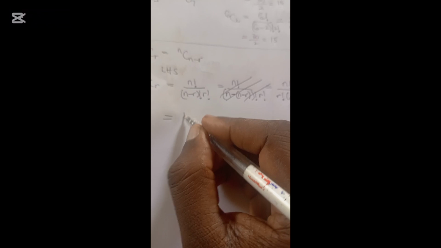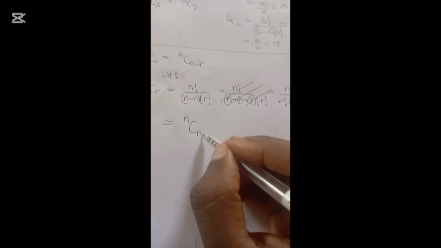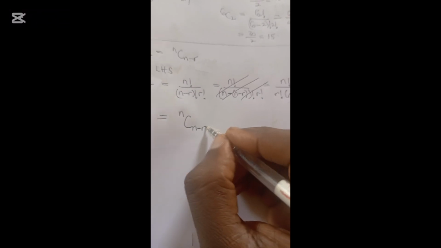So now we see that what we have here will actually mean n combination n minus r. Yes, this is what it will mean. Look at what we have here.